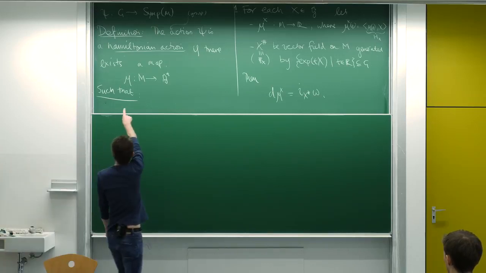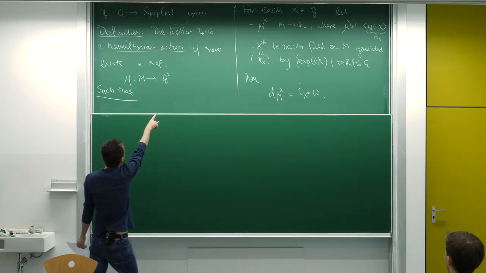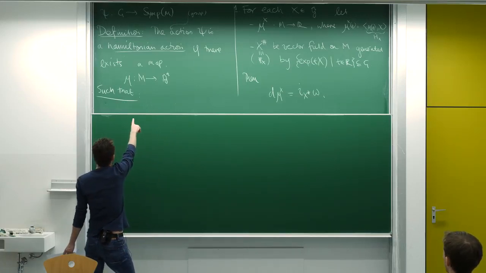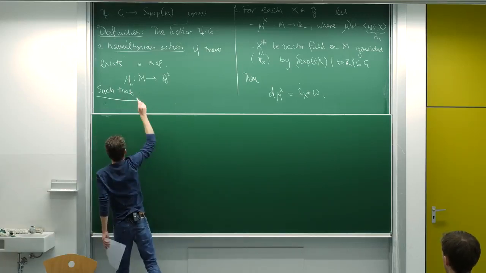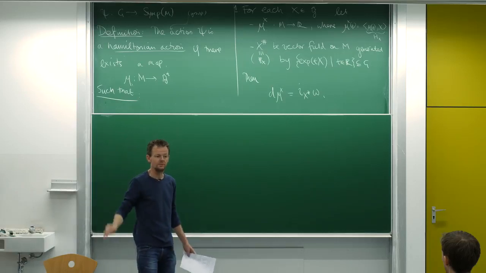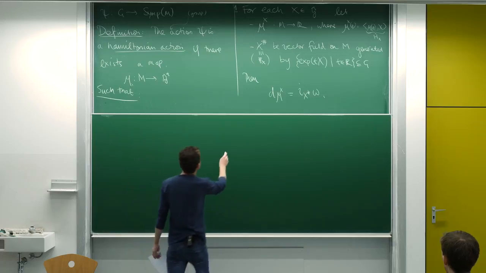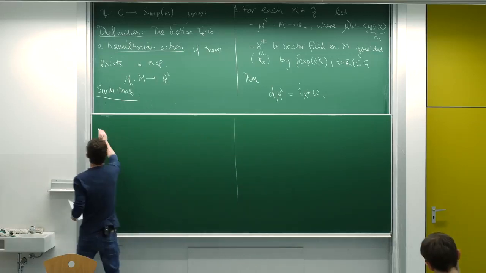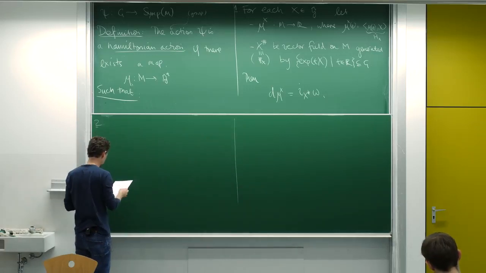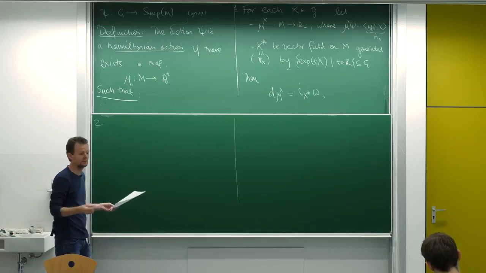So this definition has two parts. The action is called Hamiltonian if there's this generalized Hamiltonian map, which is like a vector of numbers, such that condition 1 is true, and then there's a condition 2. And condition 2 has got to do with these generators obeying the right algebra.